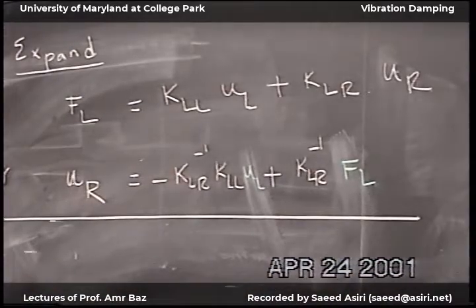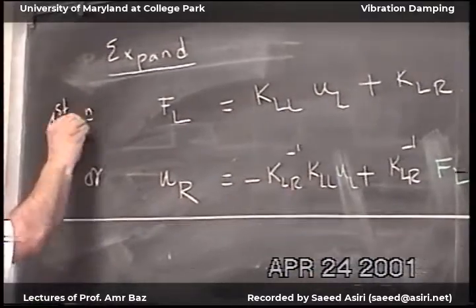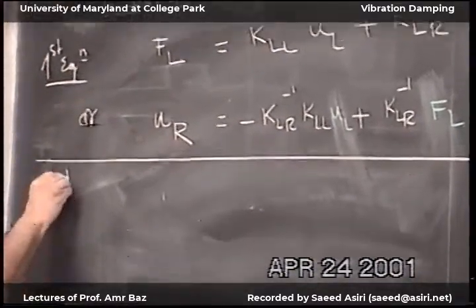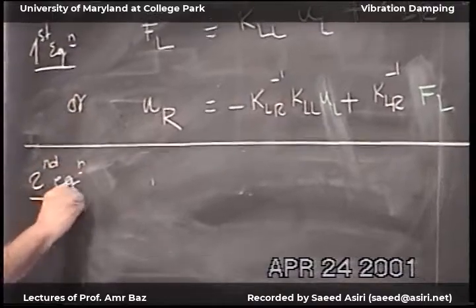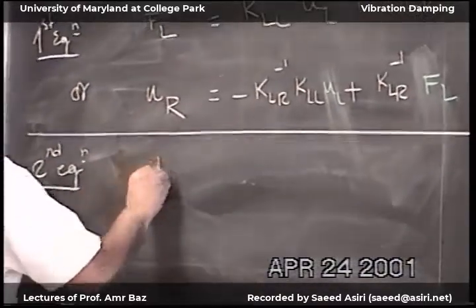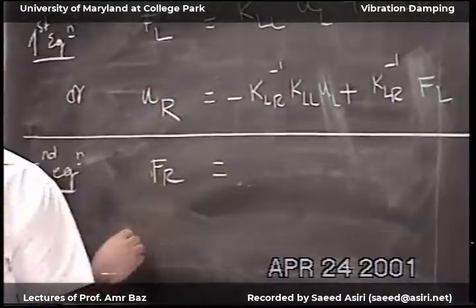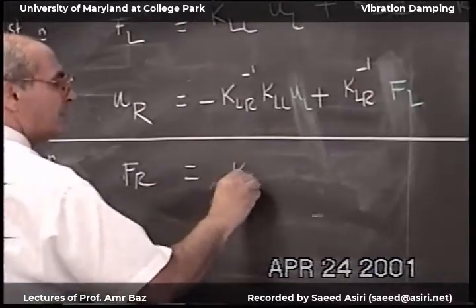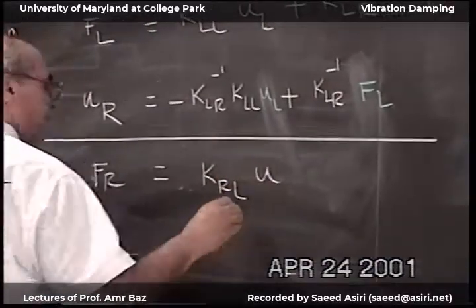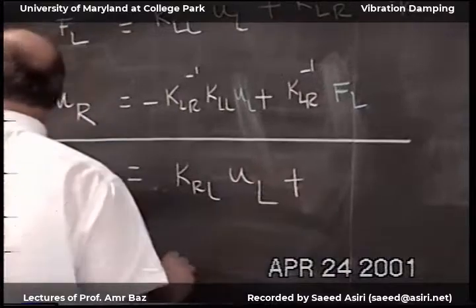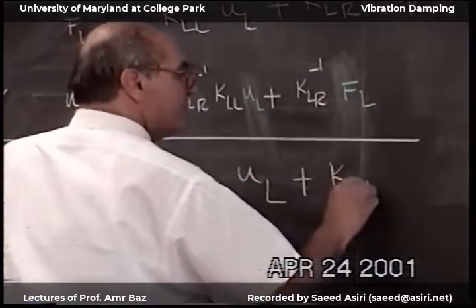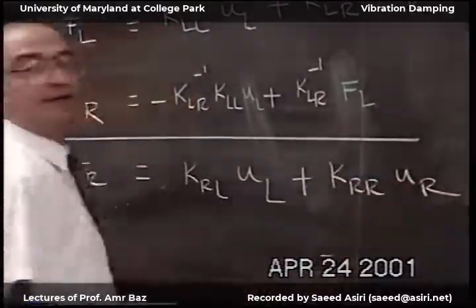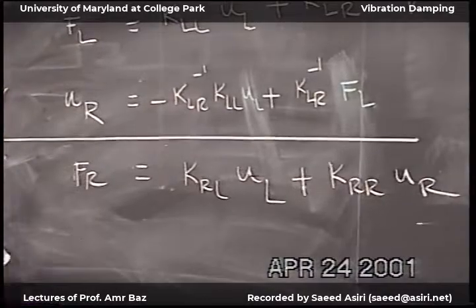Okay, now the second equation. It is FR is equal to KRL UL plus KRR UR. I'm going to replace UR from here.